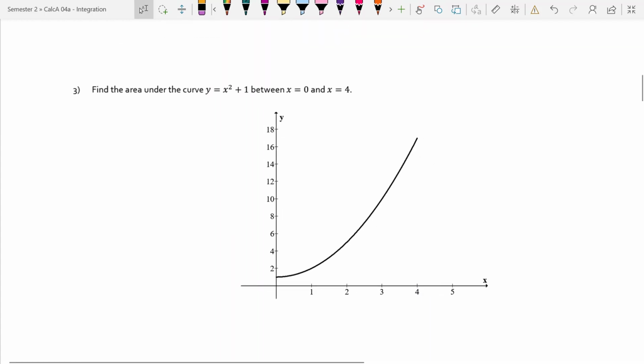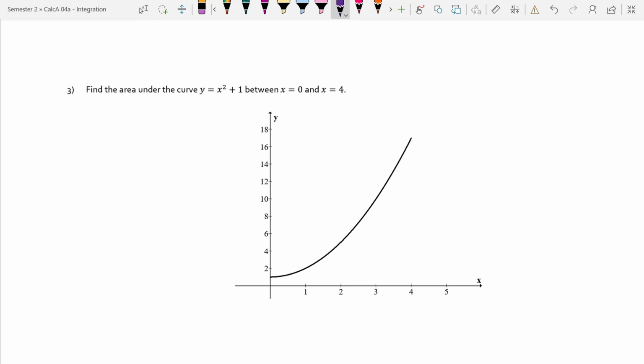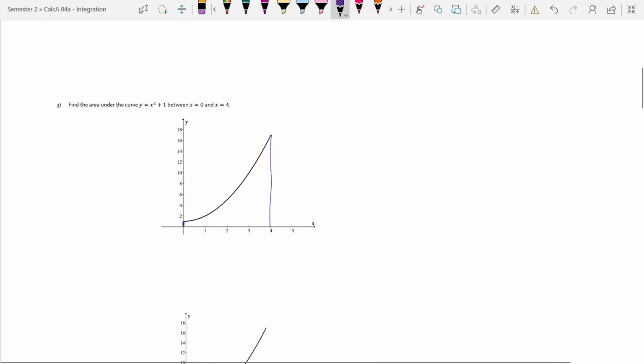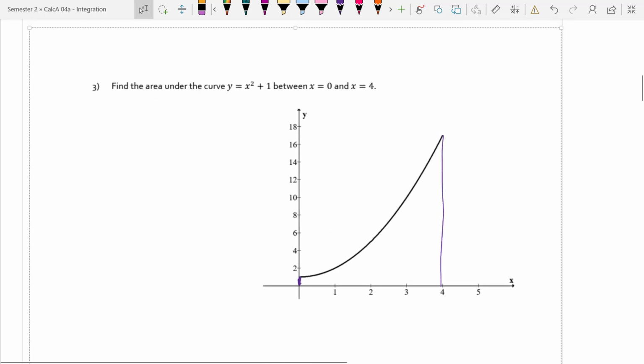Moving on, we have this: find the area under the curve x squared plus 1 between x equals 0 and x equals 4. So if I have x equals 0 here and x equals 4 there, this is going to be somewhat problematic because now I don't have a formula that's going to give me this area.